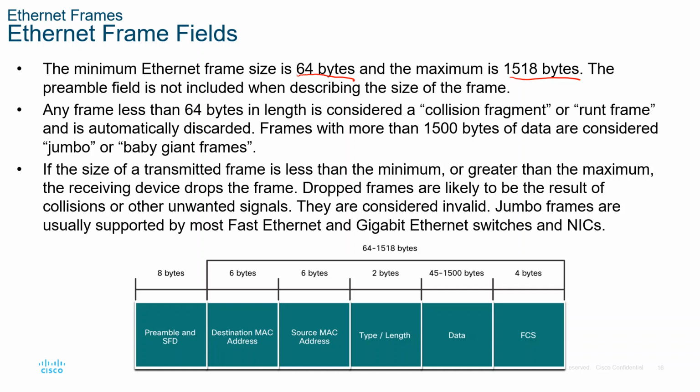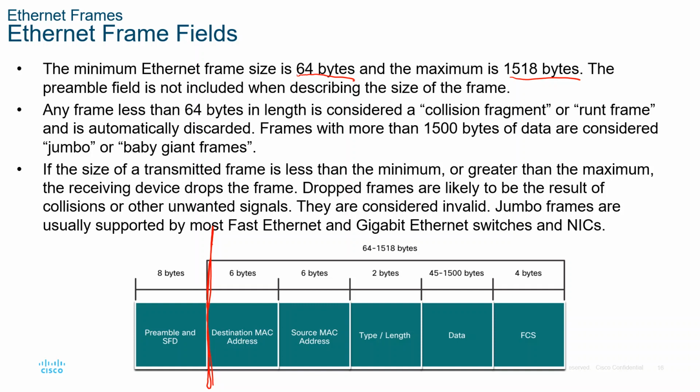So the 64 bytes start from the destination MAC address. Any frame less than 64 bytes in length is considered a collision fragment and is automatically discarded, because it does not have the required information for the frame to be transmitted properly.